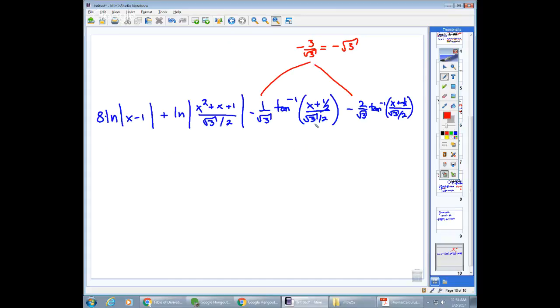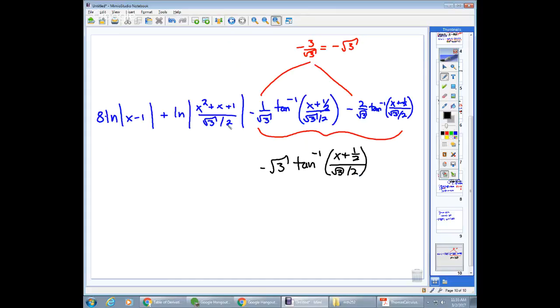I don't think there's much I can do with that down there, except rewrite it as a multiple. I think I'm going to leave it where it is. So this right here becomes minus the square root of 3 times the tan inverse of x plus a half over square root of 3 over 2.